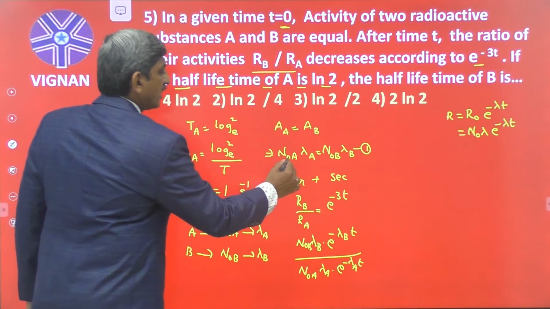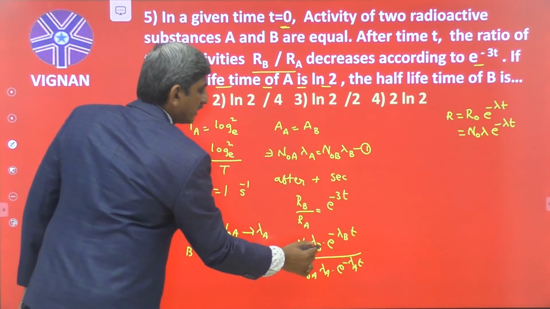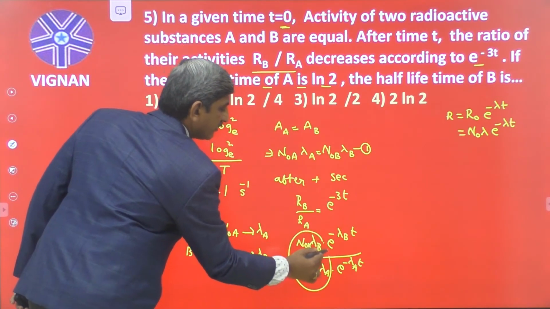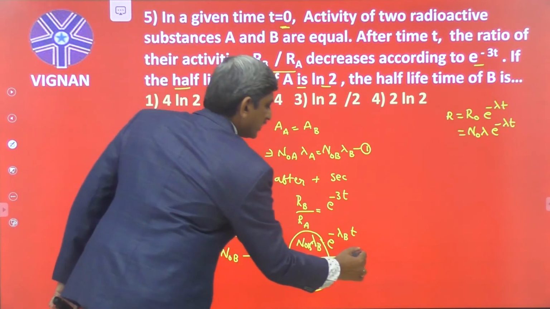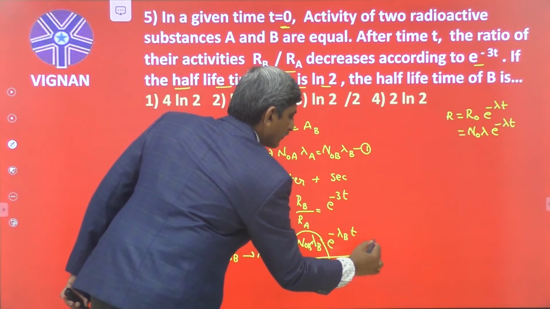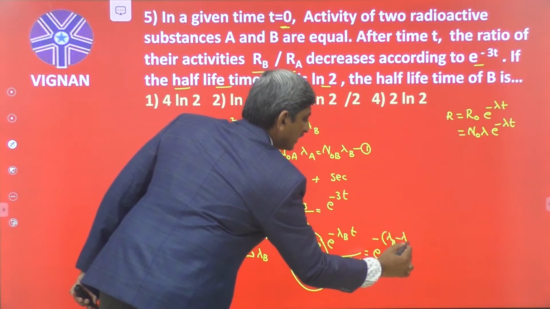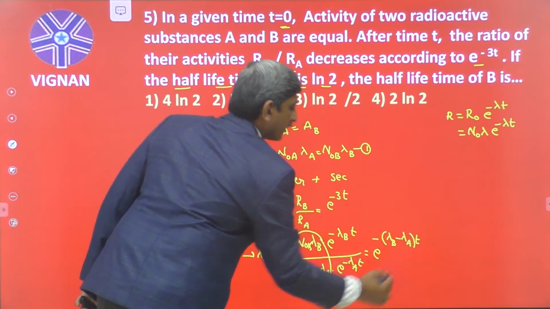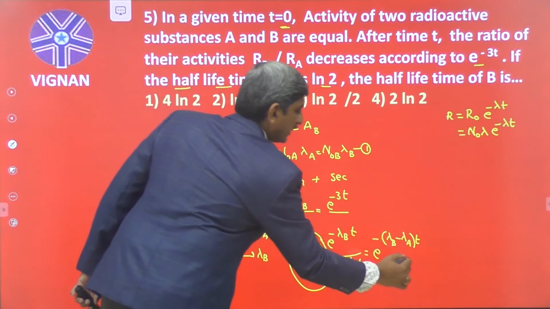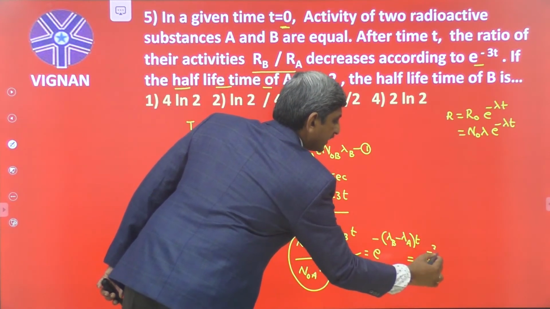That means N0A lambda A is equal to N0B lambda B. That's why this will be cancelled, and this is equal to e to the power of minus of lambda B minus lambda A into t, which is given as e power minus 3t.